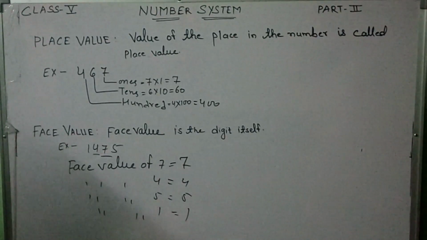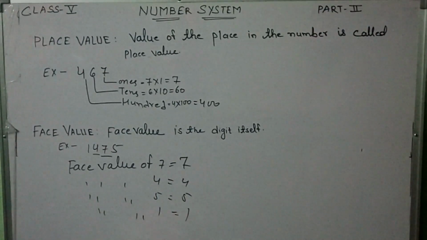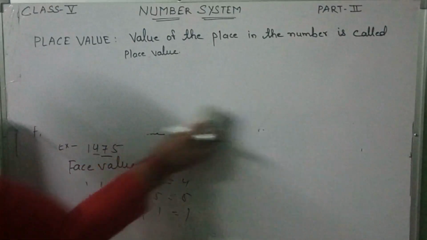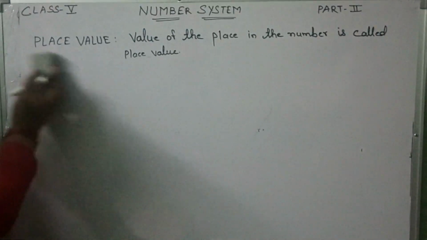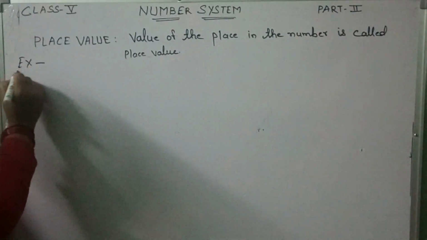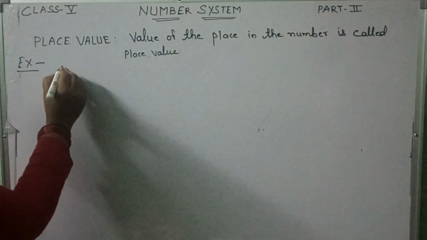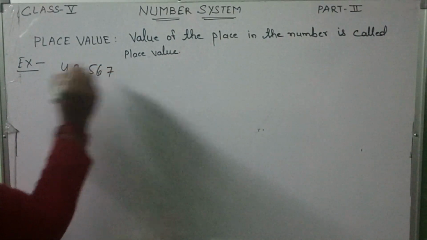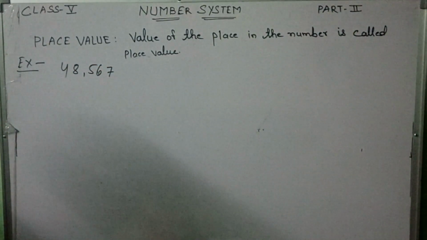Let us take one more example to understand things better, for finding the place value. We will take a big number, suppose 48567.